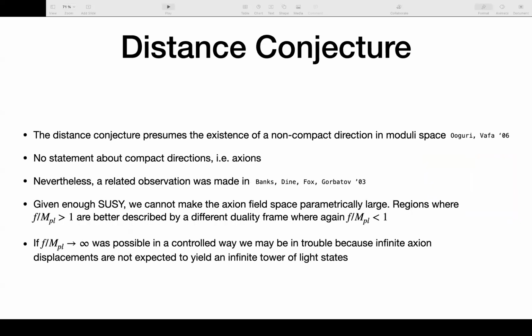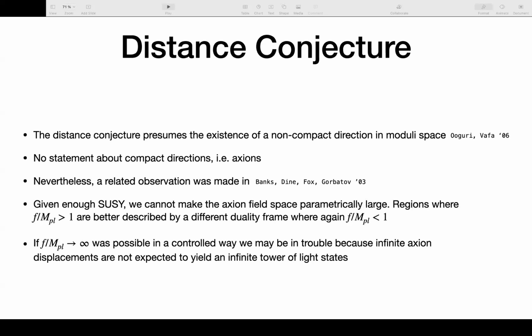First of all, the distance conjecture presumes the existence of a non-compact direction in moduli space. And it's not directly a statement about compact directions, that is axions. But of course, we know that a related observation about axions was made very early on, even before the distance conjecture was formulated, which is that if we move into a region of moduli space where decay constants become trans-Planckian, the situation is often described by a different duality frame where the decay constants look sub-Planckian again.